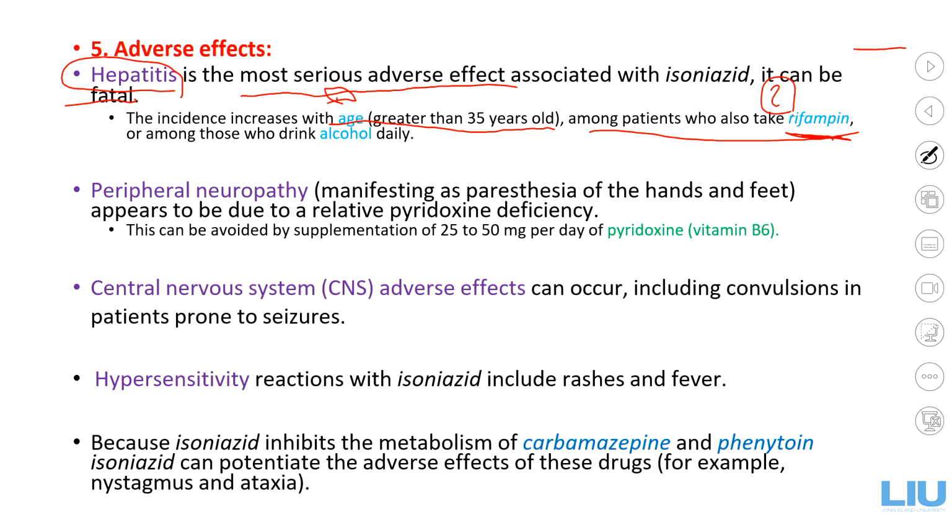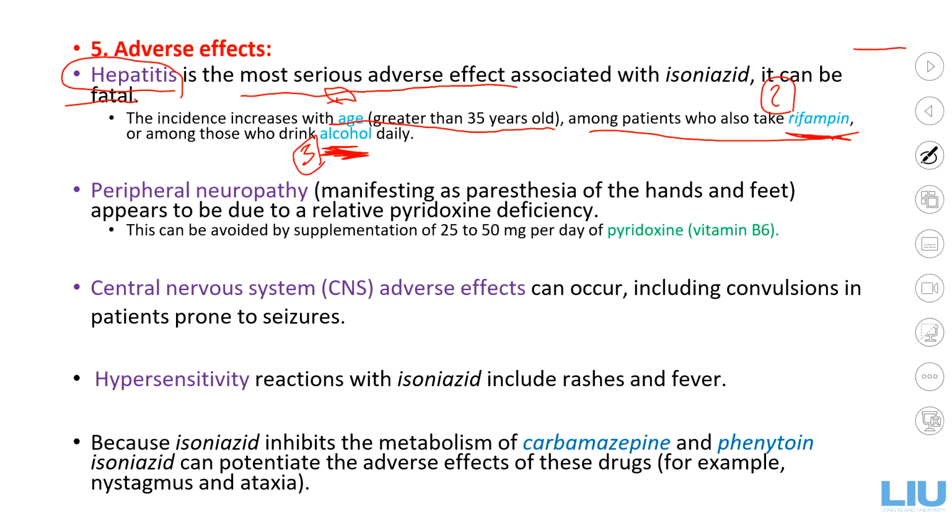That's what we do with the first line of therapy, right? We combine isoniazid, rifampin, ethambutol, and pyrazinamide. So you should be watching for any signs of hepatotoxicity. And of course, if somebody drinks too much alcohol, then hepatotoxicity would also be more likely to appear. Make sense, guys?